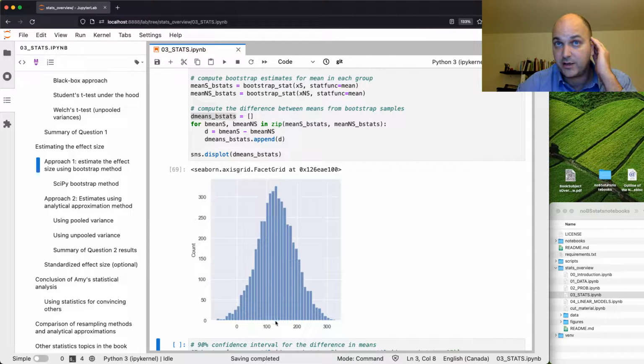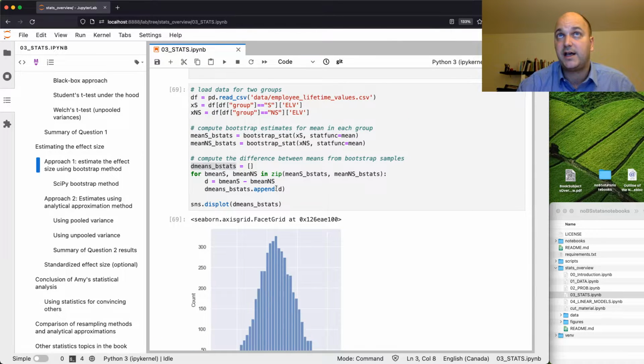So at 130, remember, this is our estimate. The point estimate was here. But what if we were to take another sample? Maybe we'll get 140, maybe we'll get 110. How do we describe this variability?